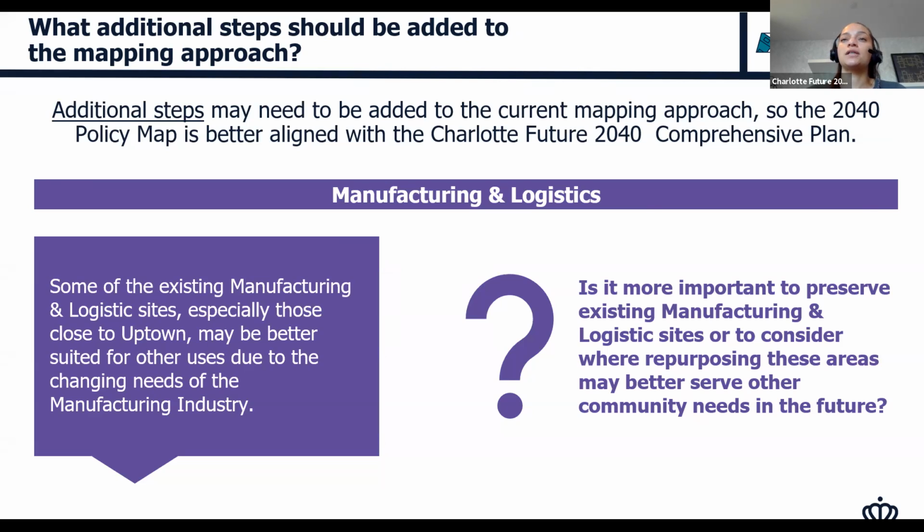So the question is: is it more important to preserve existing manufacturing and logistics sites, or to consider where to repurpose these areas in the city to better serve community needs?